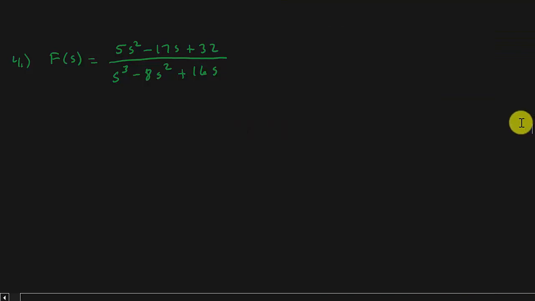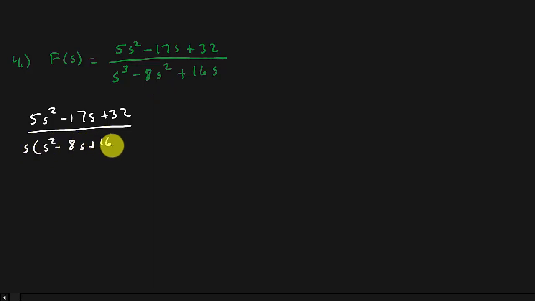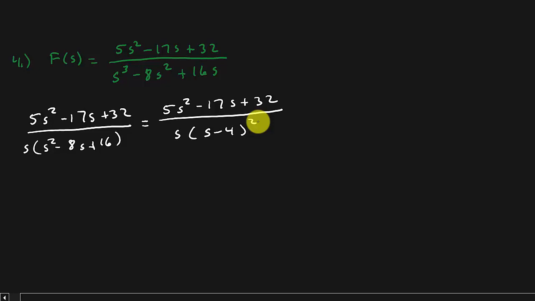So we're going to take the (5s squared minus 17s plus 32) over, now let's go ahead and factor this denominator. That's s times (s squared minus 8s plus 16), so we have (5s squared minus 17s plus 32) over s times (s minus 4) squared.